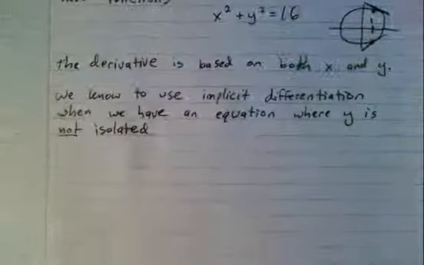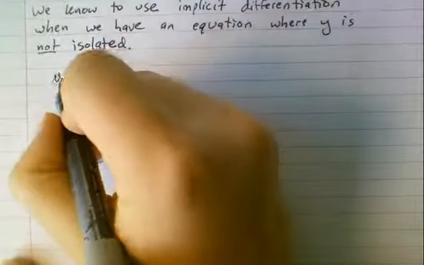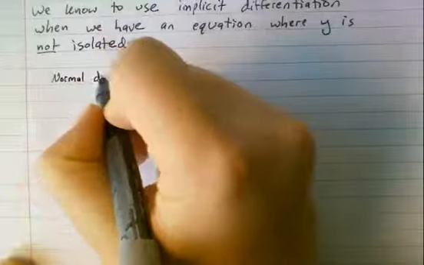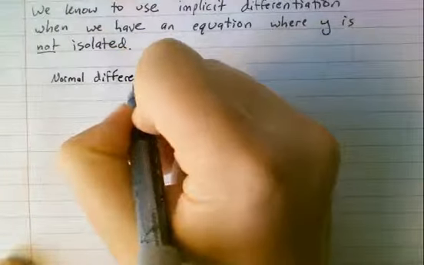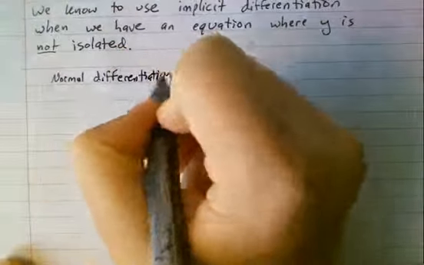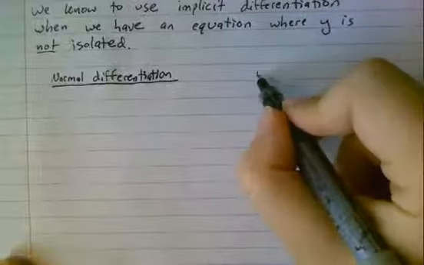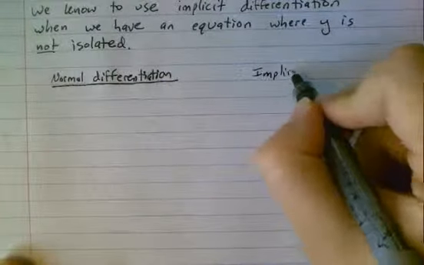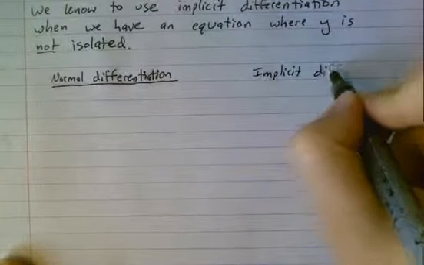So let's give a couple of contrasting examples. This is normal differentiation, and this is implicit differentiation.